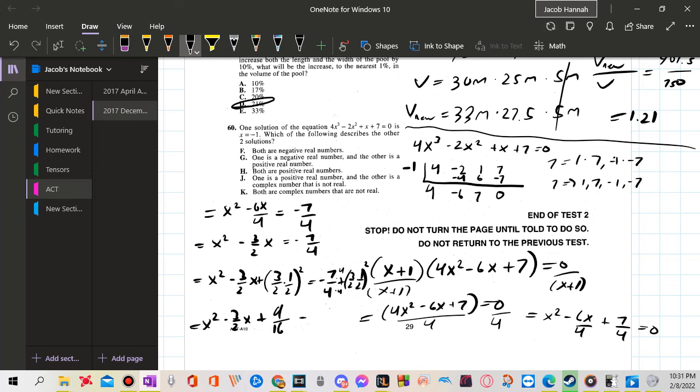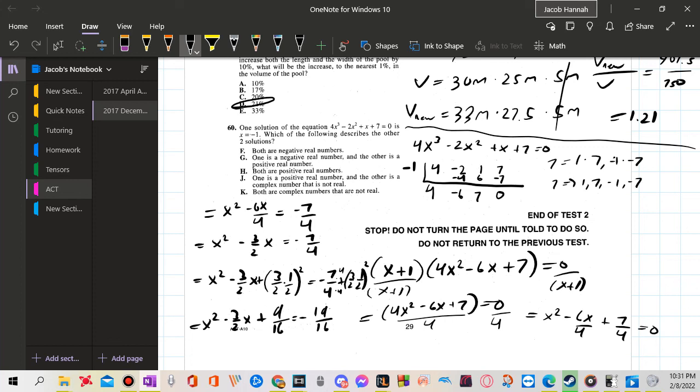If that gives you 9/16, then 9 plus negative 28 is going to give you negative 19 over 16. That's what it equals.